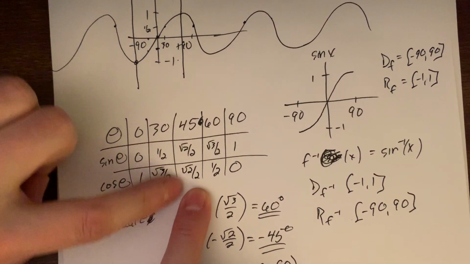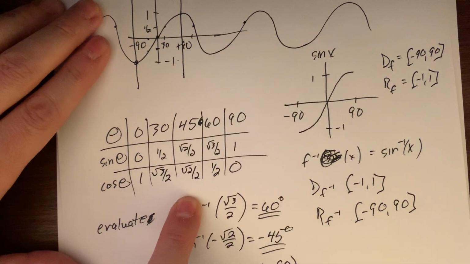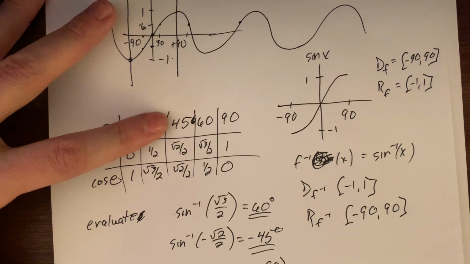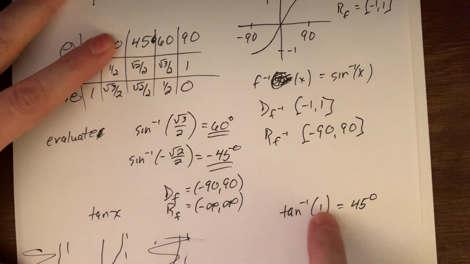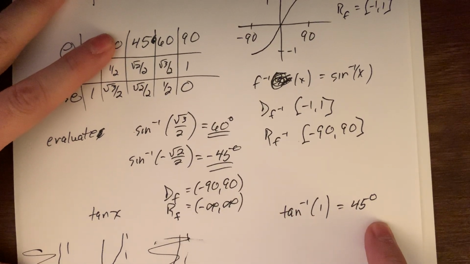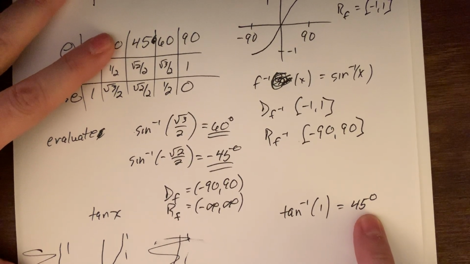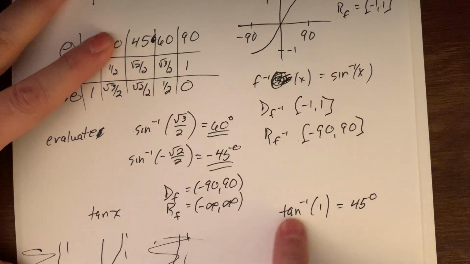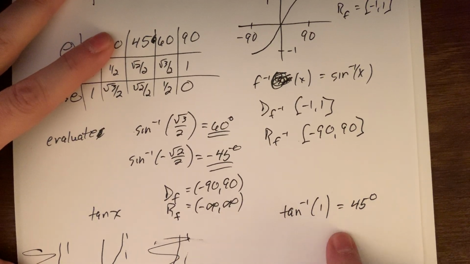So that tangent, when I fill that in, would give me a value of 1 at 45 degrees. So inverse tangent of 1 would be 45 degrees. Again, everybody, I'm sticking with degrees. If you did radians, it would just be pi over 4. That's it.